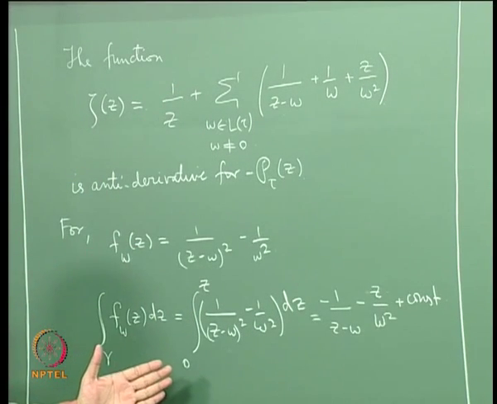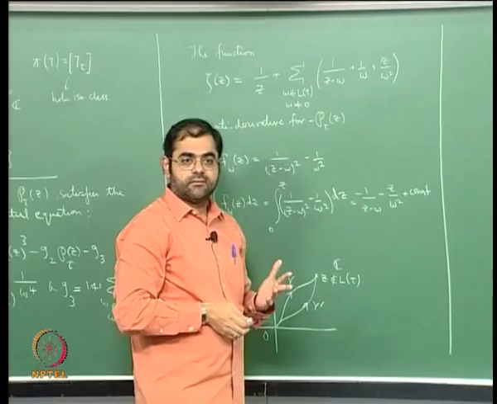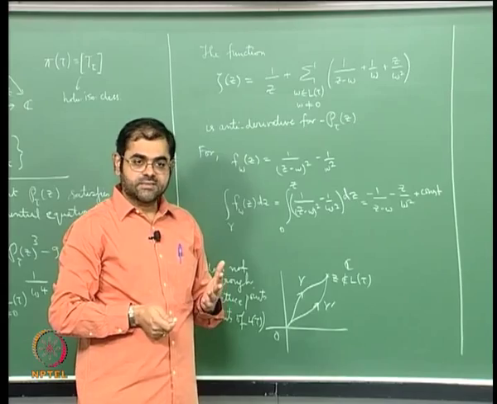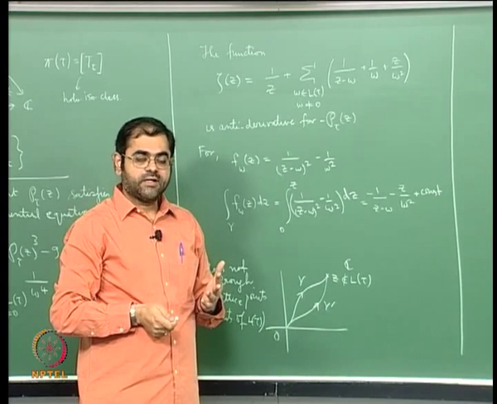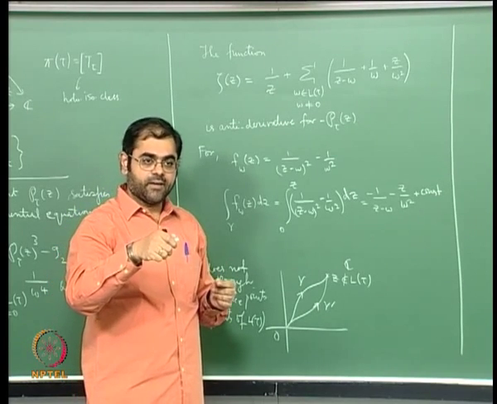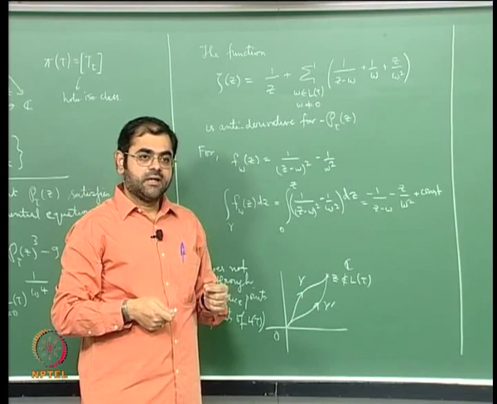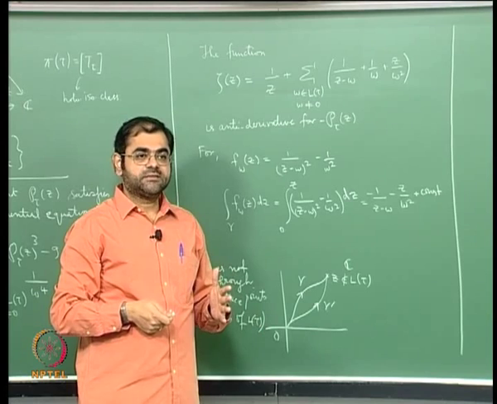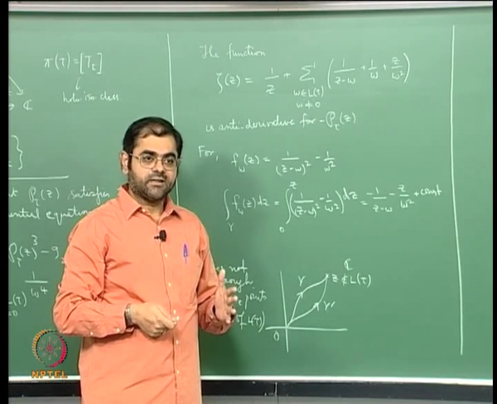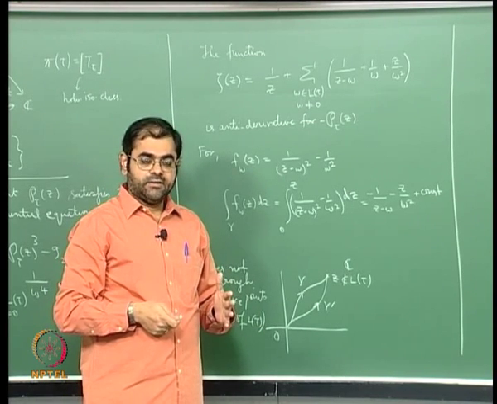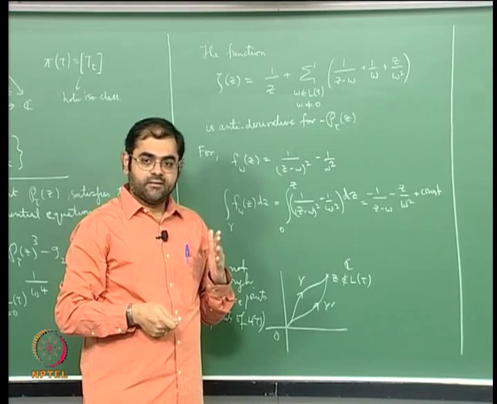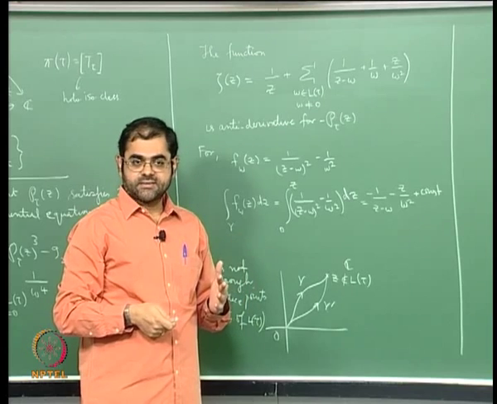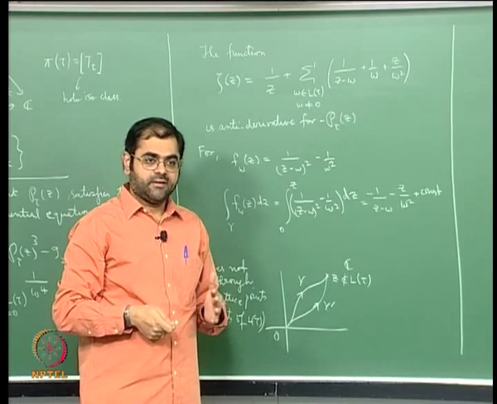So I just recall a result: if you have a sequence of functions defined on a path, and the sequence converges uniformly to a function, and each of these functions is integrable, then if you integrate each of these functions and then take the limit, that will be the same as taking the limit and integrating over the path.